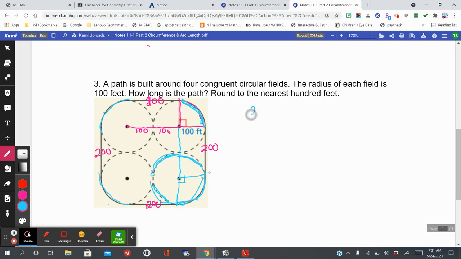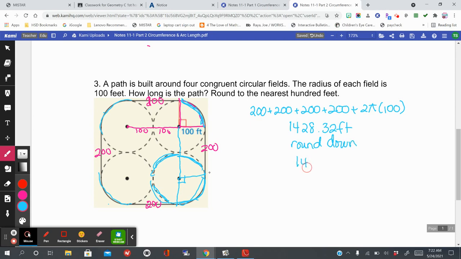So we have 200 4 times, or 4 times 200, plus our circumference of one full circle, 2 pi times radius, which is 100. So we put that in, and we end up with about 1428.32. But they want to the nearest foot, so we're going to have to round down. So about 1,400 feet.